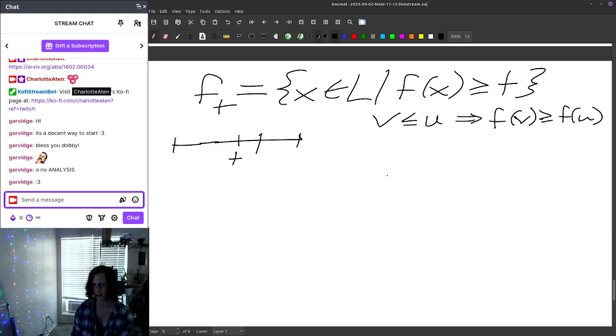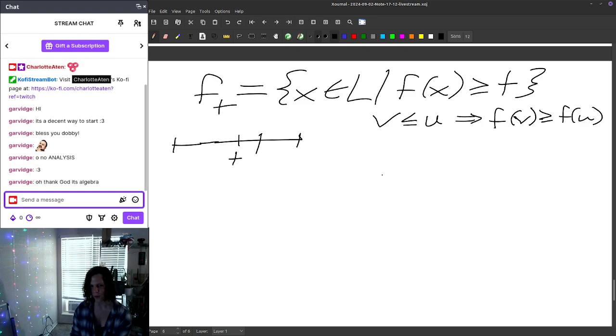So don't worry, we're not going to be considering any scary classes of functions on the real numbers or anything. It's just combinatorics and algebra. It's okay. I'm not going to ask you for any continuity or differentiability or anything. Just don't worry, it'll be fine. It's just a discrete thing. Everything's discrete.